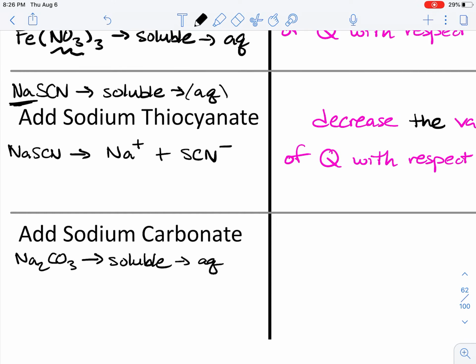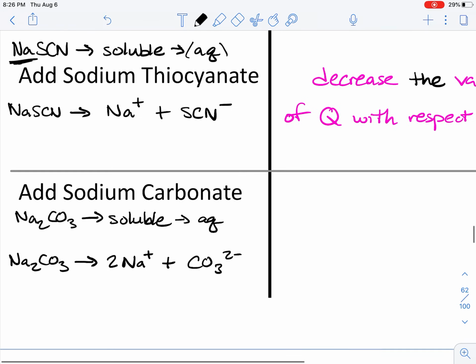Therefore, that compound is aqueous. And so what that means is that if we take sodium carbonate and place it inside a solution, the sodium is going to separate from the carbonate.